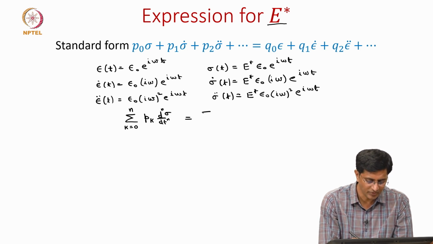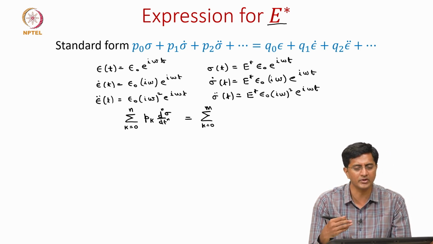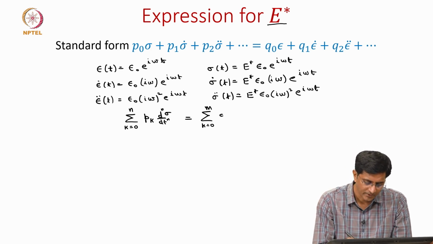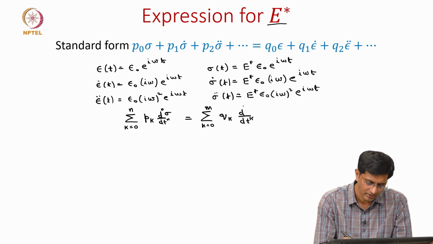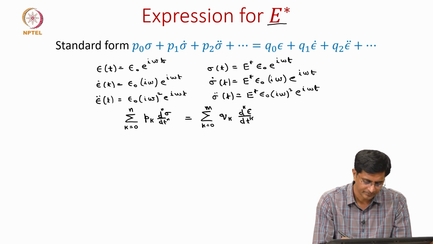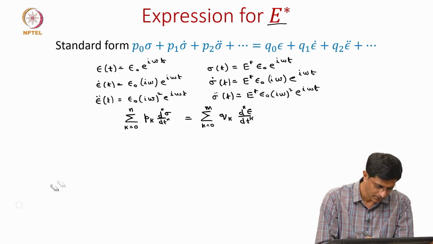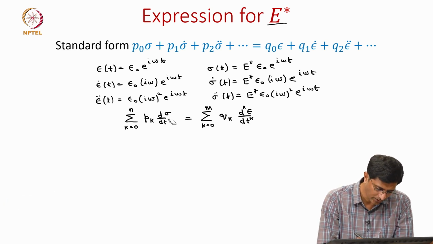To the right hand side we will write one more summation going from 0 to m, where m is the number of terms we have for the strains. It will be q k times d by dt power k of strain. I need to fix this: here this is not n but k.